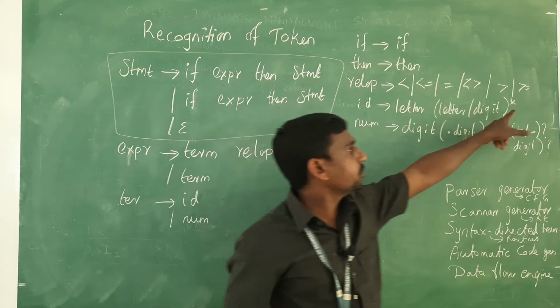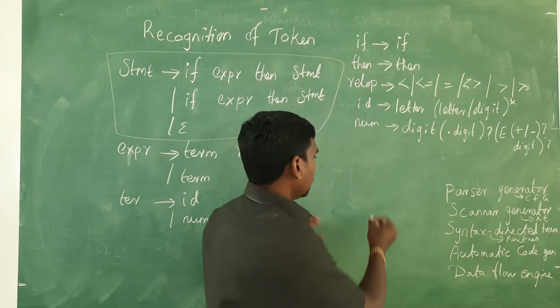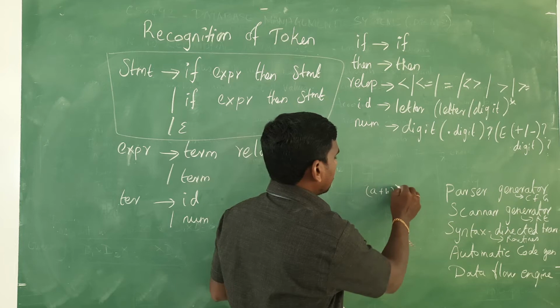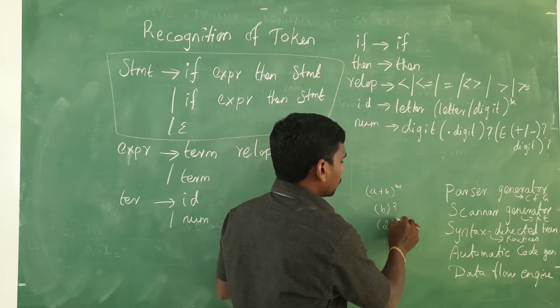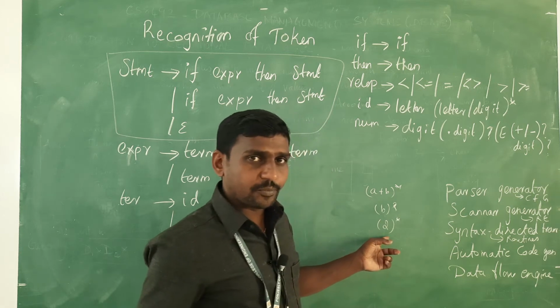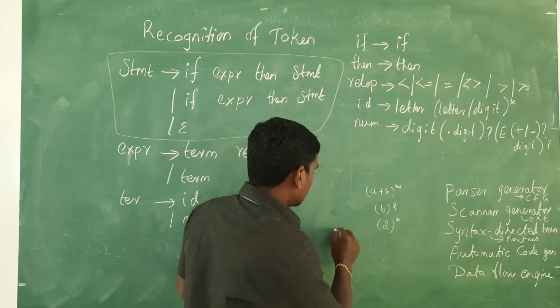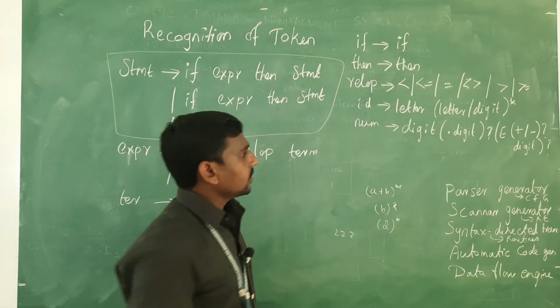What is the use of star? Star is a closure property, meaning zero or more times. For example, we studied (A plus B) the whole star, or B star, or 2 star. Star means the number of occurrences: I can write 2, or 3 times 2, or 4 times 2, etc. That is the use of star.